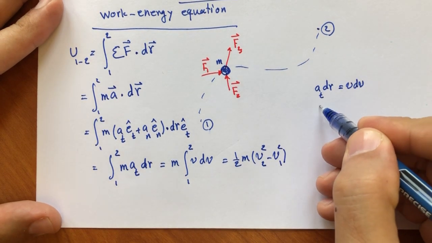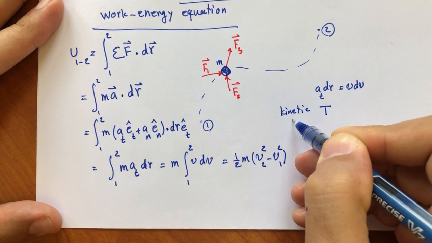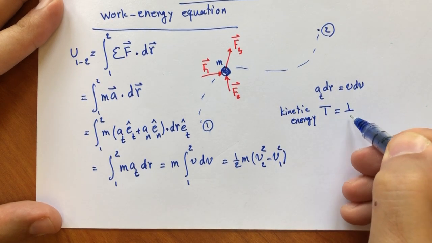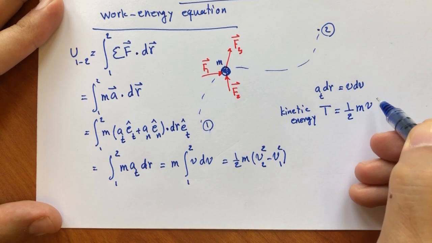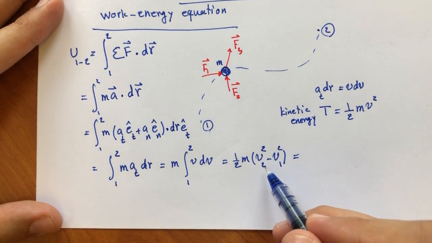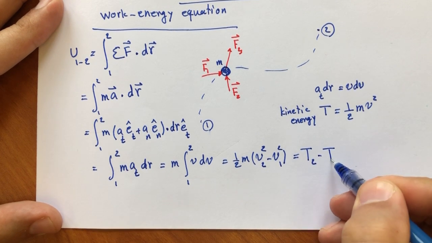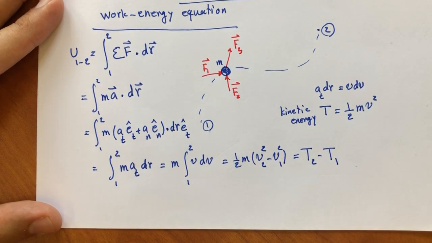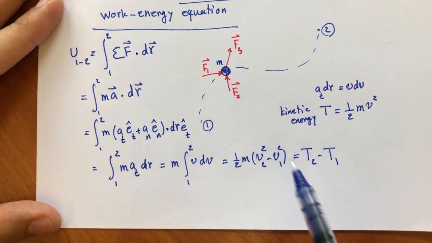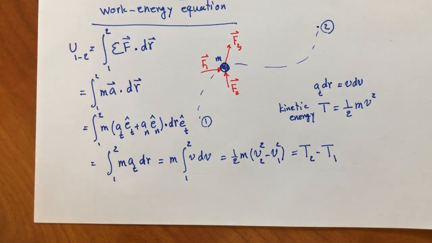And here we show it with T. The kinetic energy is 1/2 of mass times velocity squared. So the work from 1 to 2 is going to be the kinetic energy at the end, T2, minus the kinetic energy at the beginning. So the total work on a particle is going to change the kinetic energy. That's the whole point here.